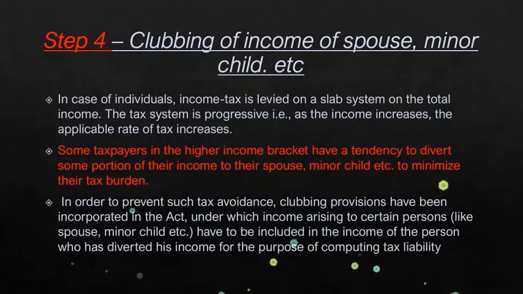Taxpayers in the higher income bracket have a tendency to divert some portion of their income to their spouse, minor child, etc. to minimize their tax burden. In order to prevent such tax avoidance, clubbing provisions have been incorporated in the Act, under which income arising to certain persons, like spouse, minor child etc., has to be included in the income of the person who has diverted his income for the purpose of computing tax liability.